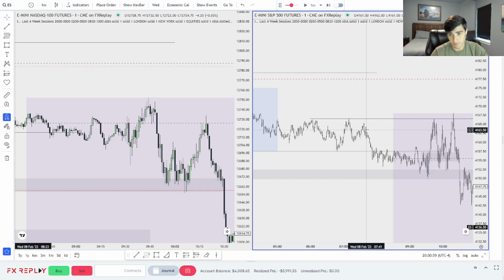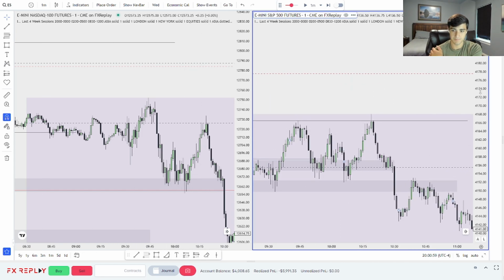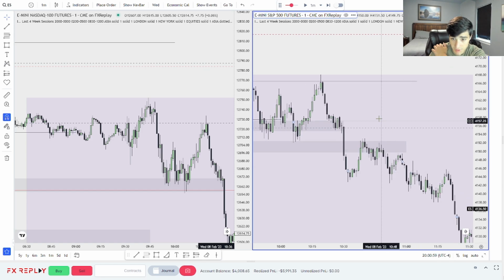And it isn't until we poke through the high of this accumulation range that we see the real move of the day. But even then, there is no opportunity to get short, so it's just a really shitty day.